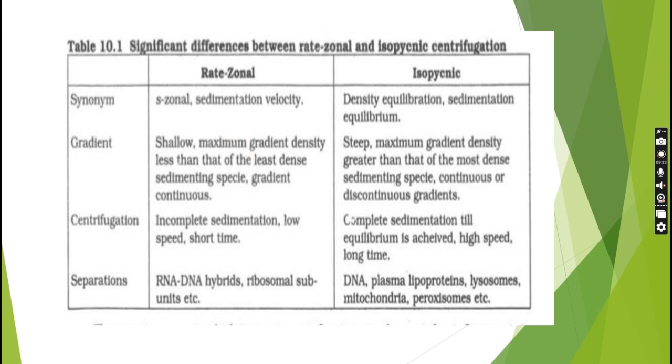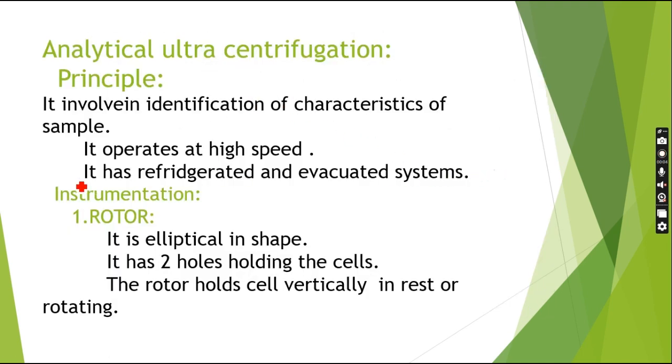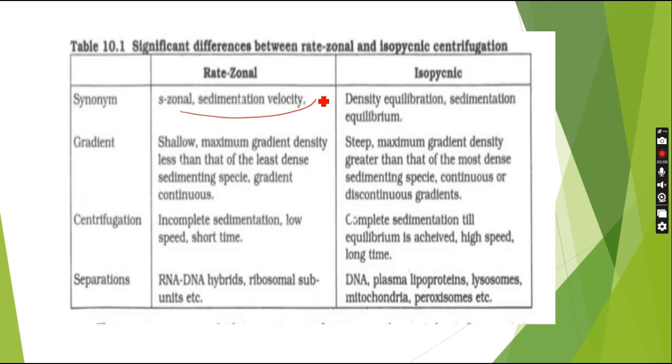As we already covered the differences of each component, now we are going to see the differences between rate zonal and isopycnic based on density, instrumentation and gradient, and how they are separated. In the case of rate zonal centrifugation, it uses the sedimentation velocity principle only.